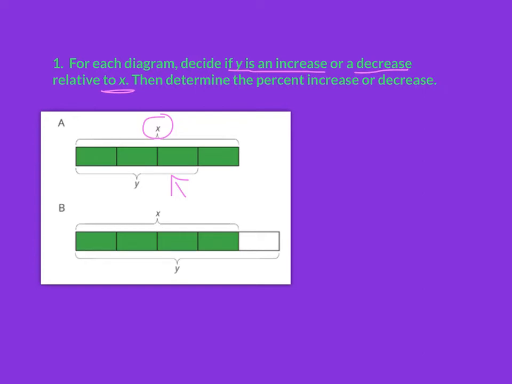So if we start with x in 4 parts, each of those parts would be 25% because we know the whole thing is 100%. So each one of these is 25%. And y is smaller, just missing one of those.